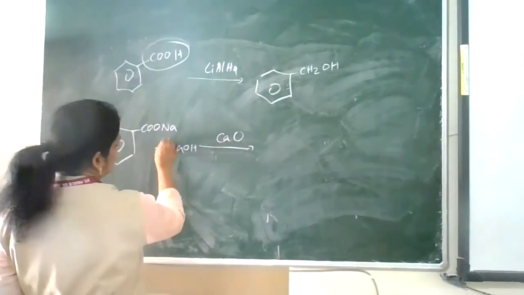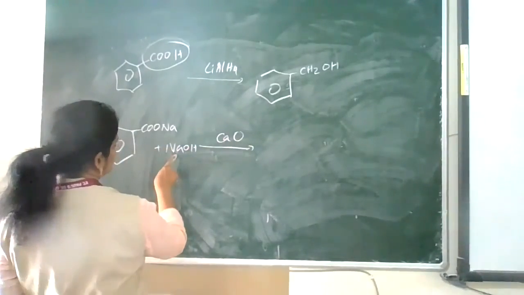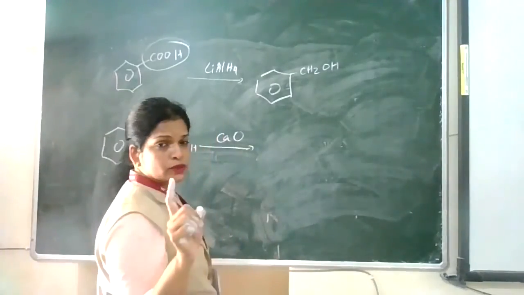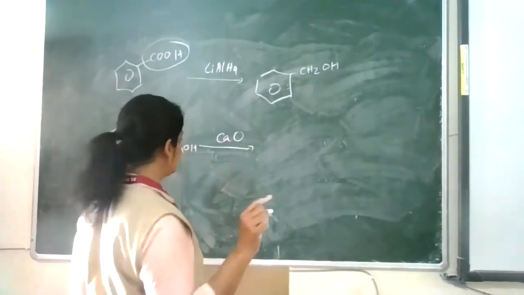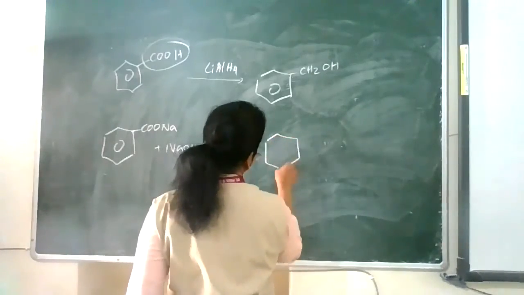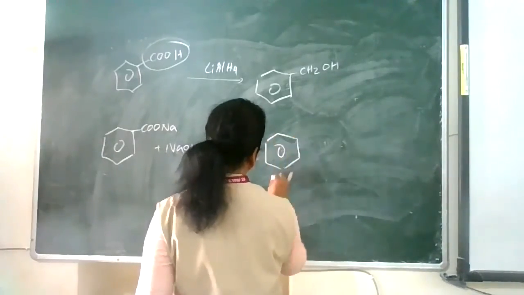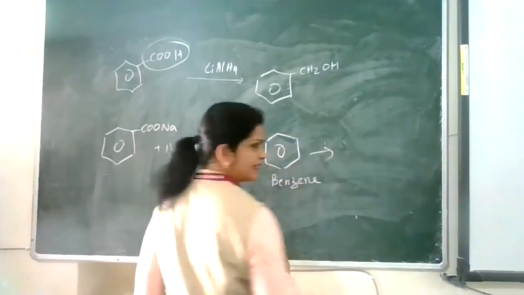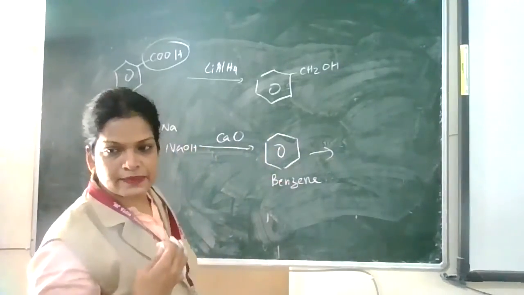Na2CO3 will be going. What is soda lime? Soda lime is a mixture of sodium hydroxide and calcium oxide. So you are getting a hydrocarbon, benzene. You will be getting a hydrocarbon smell, petrol-like smell.